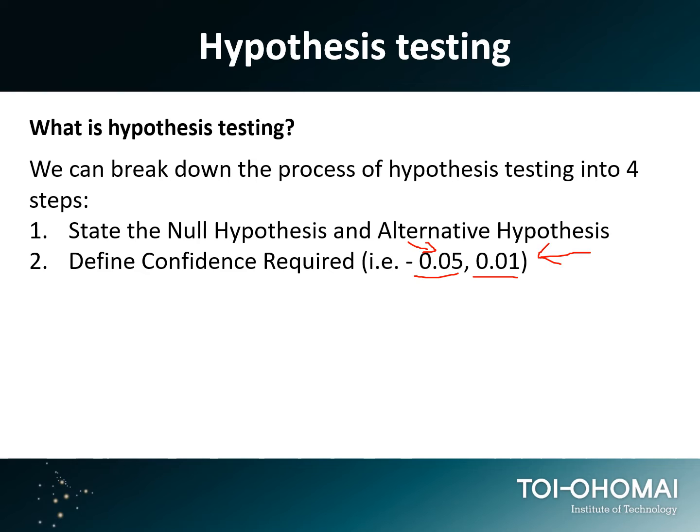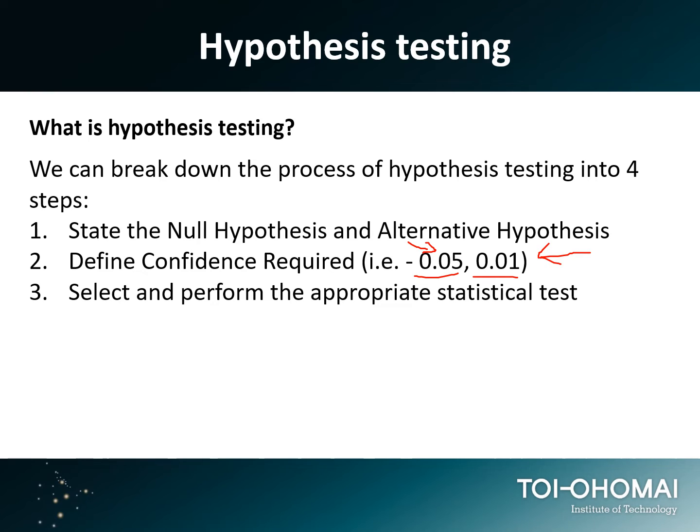In some more qualitative sciences, like sociology, they may use a p-level of 0.5, so they need only be 50% confident before they start making conclusions. But in biological sciences, we tend to be at 0.05 to 0.01.